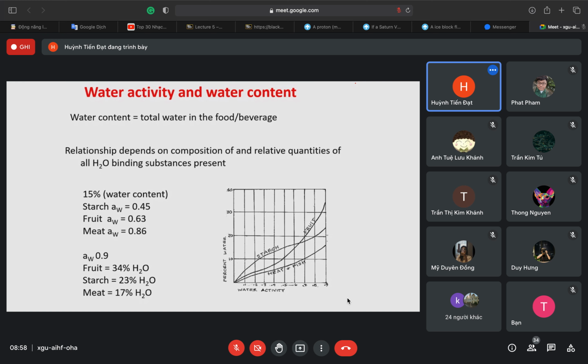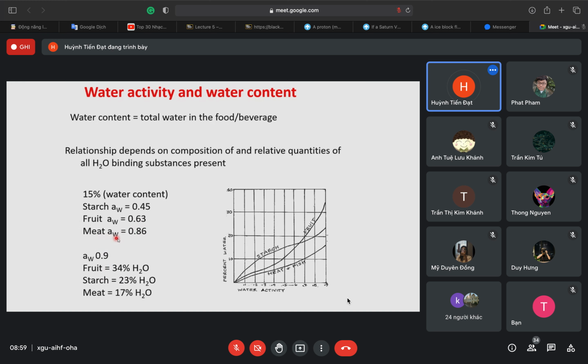Do you understand this one, guys? You seem very quiet. I think it's the meat because it has the highest water activity. Yes, even though the total water is 15%, the meat has a very high water activity.